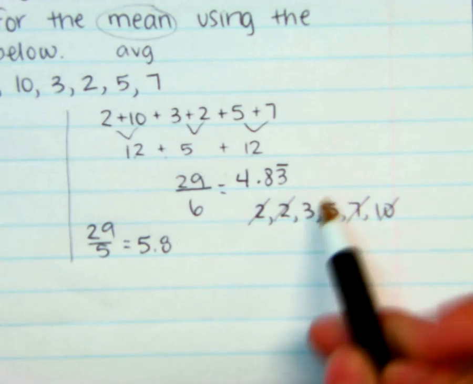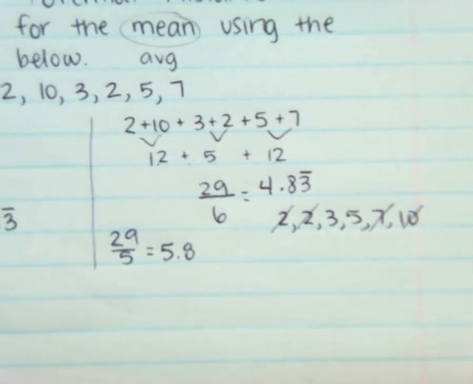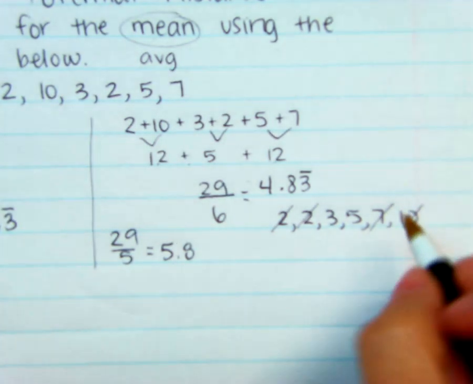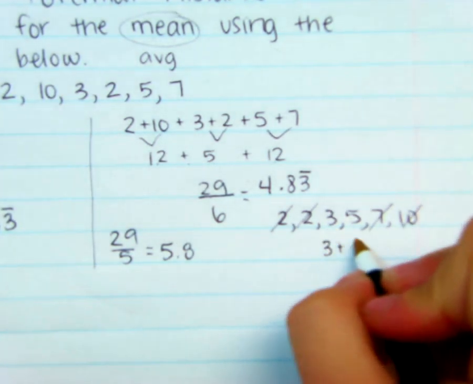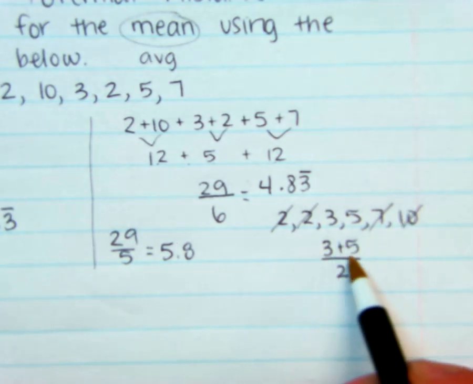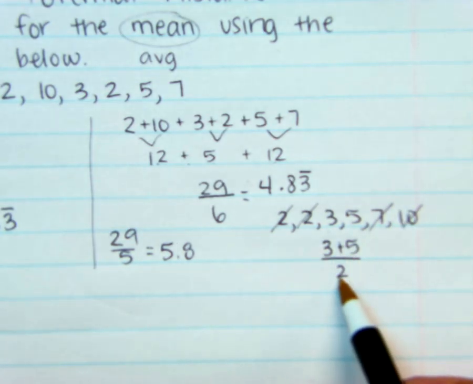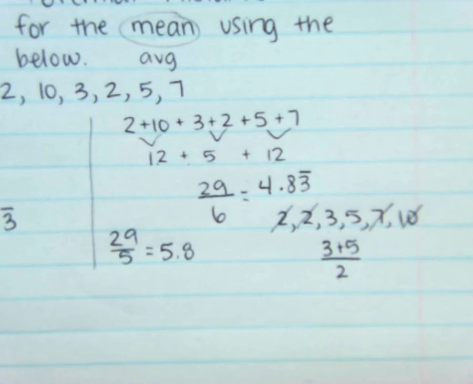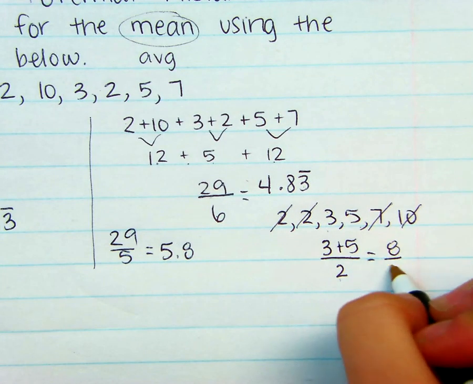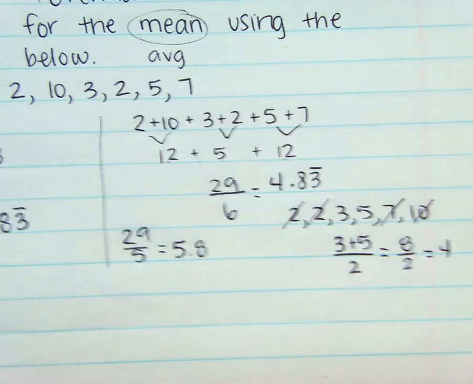So let's pick one of those and say, well, one of those might be a possible answer. Say 5. But when there's 2 numbers, we have to add them. We're going to take the average of the 2, and since I'm only adding 2 numbers here, I'm only going to divide by 2 here. So 3 plus 5 is 8. 8 divided by 2 is 4.